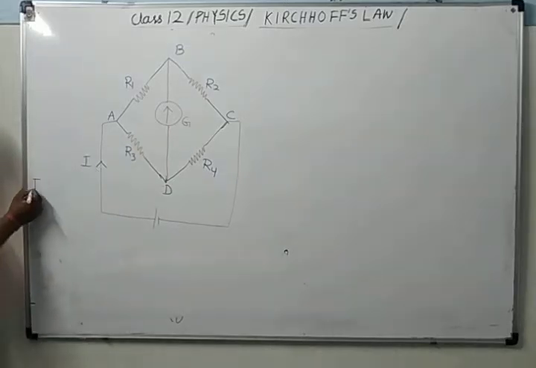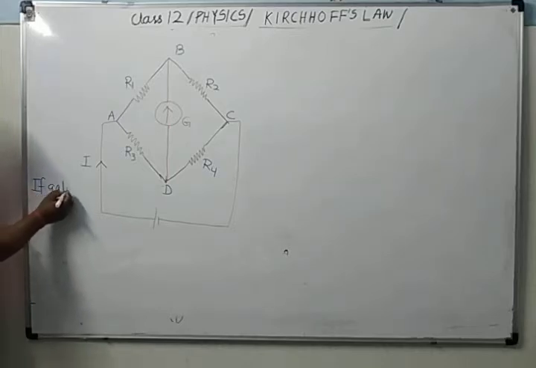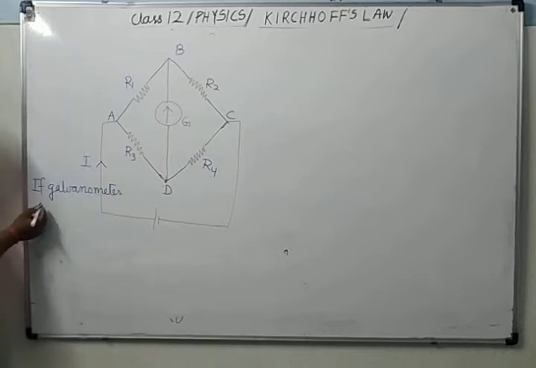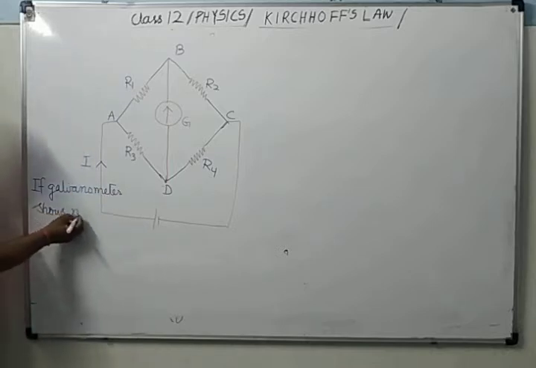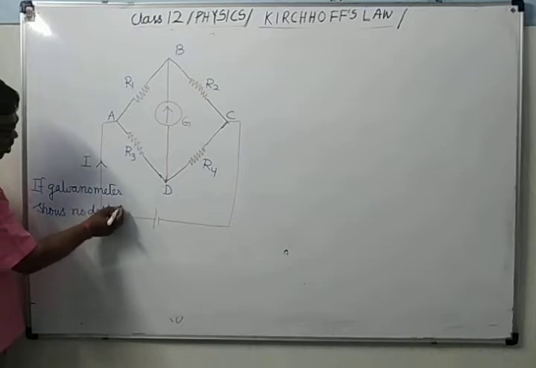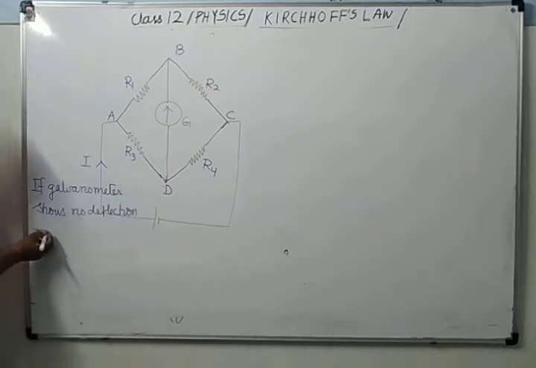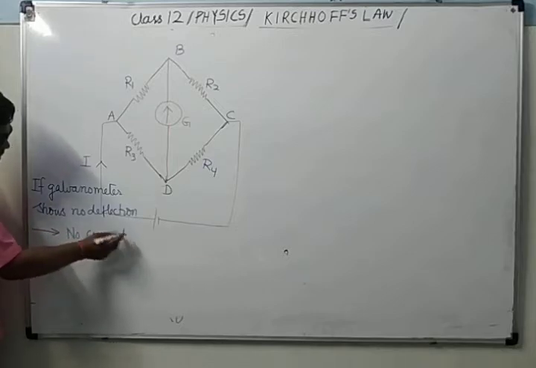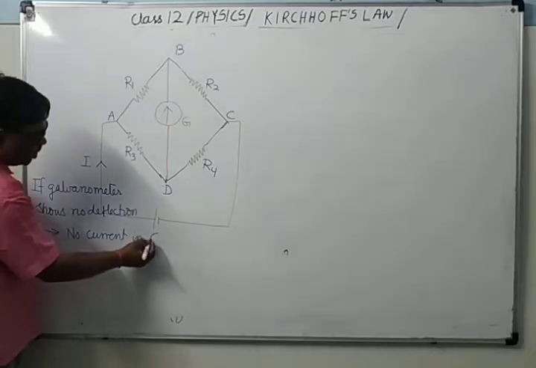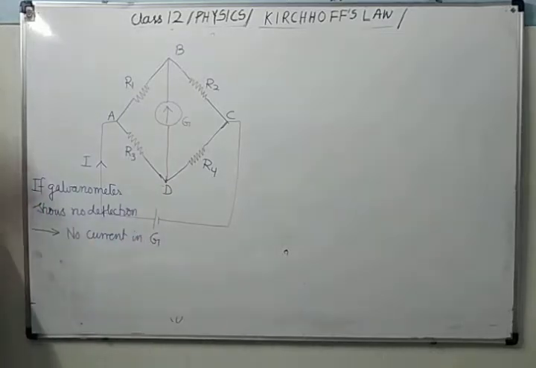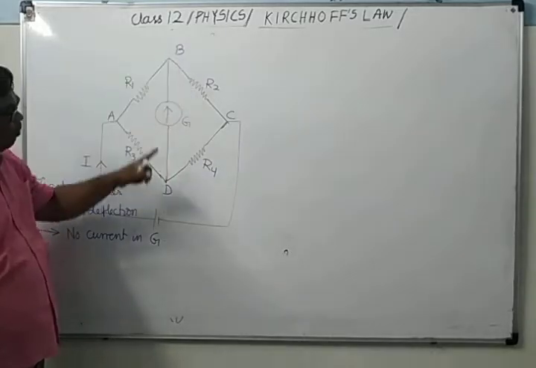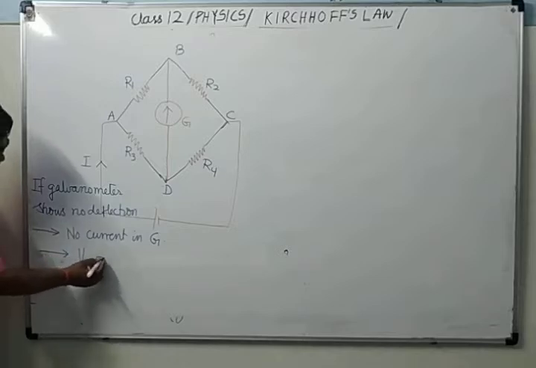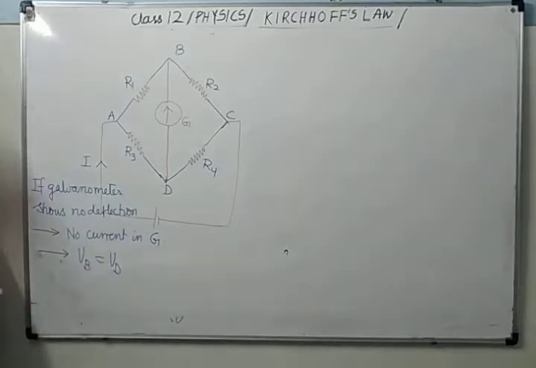If the galvanometer shows no deflection, no deflection means no current in G. When there is no current in the galvanometer, the potential of B equals the potential of D. Therefore, the electric potential of point B will be equal to the electric potential of point D.